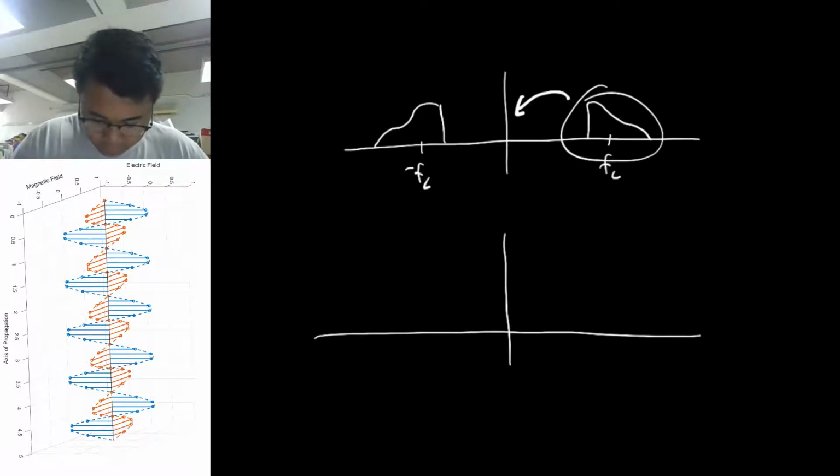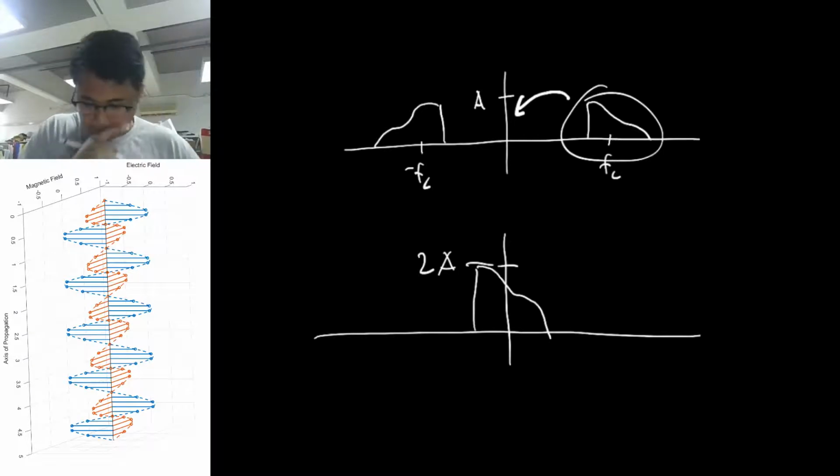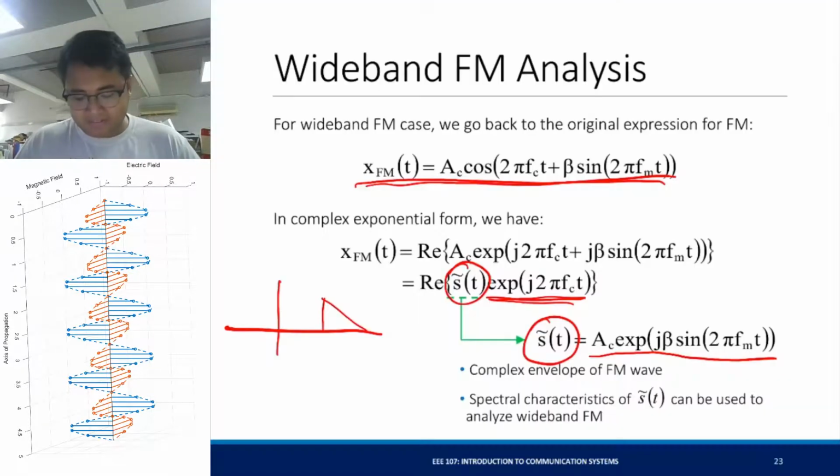Okay, so it will look like this, but the amplitude is bigger. Okay, so we're taking advantage of that fact and trying to analyze the complex baseband of FM, and knowing the spectrum of a complex baseband of FM, we are able to get the spectrum of the actual FM signal.